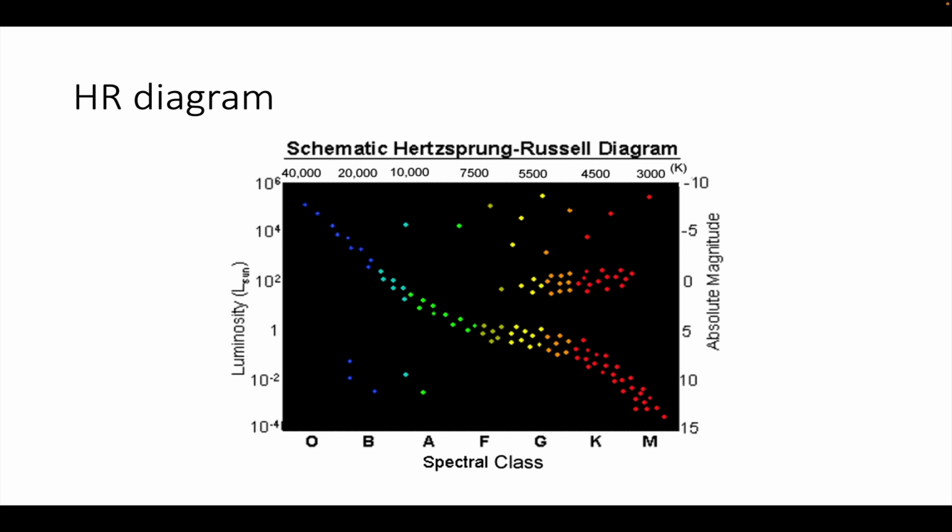Your astronomy textbook almost certainly has a diagram something like this, an HR diagram or Hertzsprung-Russell diagram, at least in this cartoon kind of fashion, right? Where it's got luminosity on the y-axis and spectral class or maybe temperature on the x-axis.